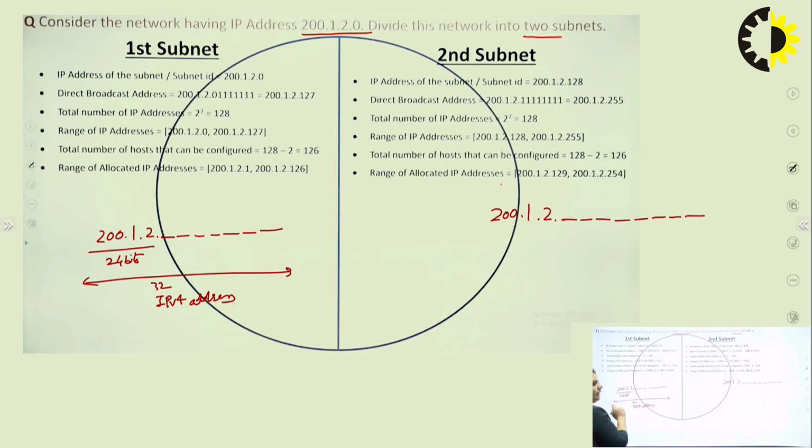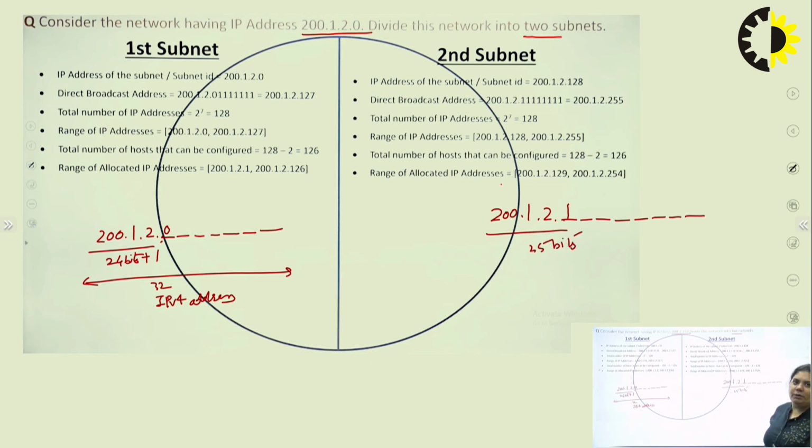For the most significant bit of the octet, put it as 0, and it gets included in the network ID. Now the network ID will be of 25 bits, as 1 bit of the octet has been consumed in the network ID. For the next subnet 2, we will put 1 here. Now it is fixed: the network ID becomes 25 bits for subnet 1 and 25 bits for subnet 2.